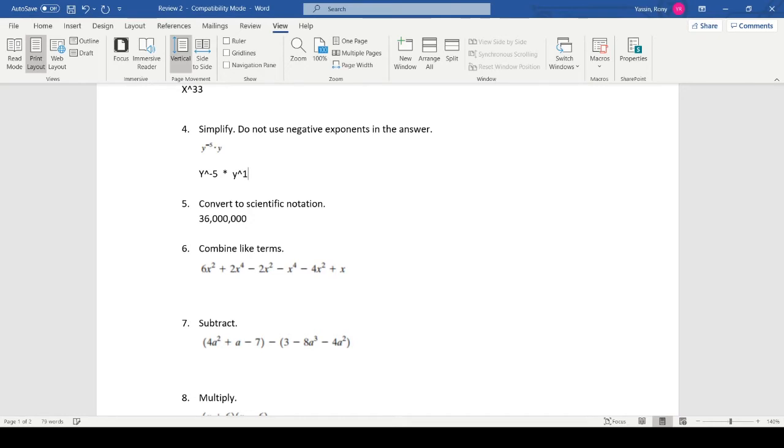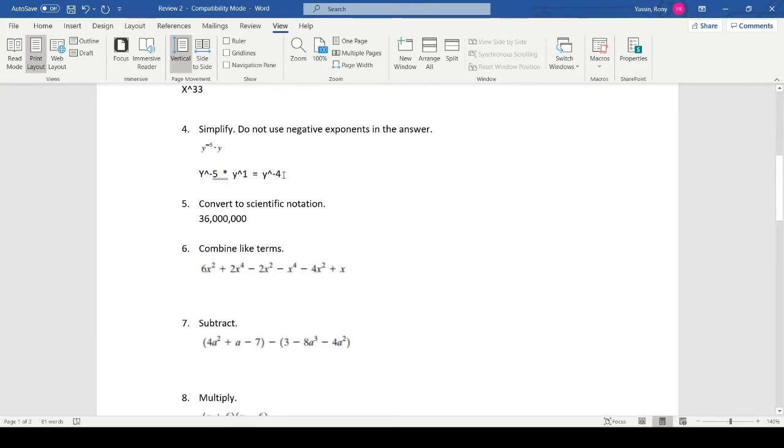So you have y to the minus 5th times y to the first power. When you multiply two exponents with the same base, you add the exponents. Negative 5 plus 1 is negative 4. So you get y to the negative 4th power.